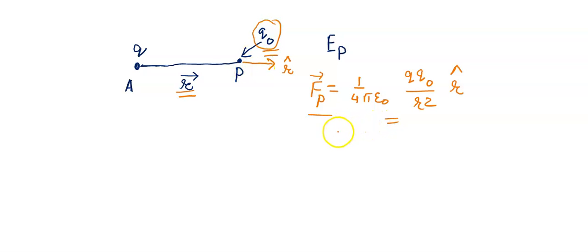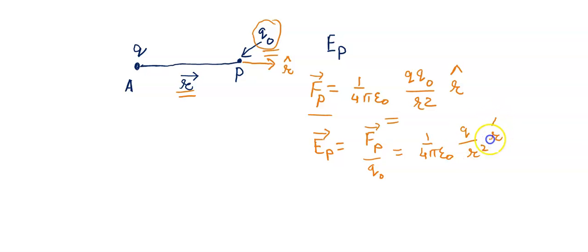Now the electric field intensity at point P can be given as F_P vector upon q naught, and that is equal to 1 upon 4 pi epsilon naught q upon r square r cap. Can we write it like this? Because we took this q naught to this side, and this is nothing but the electric field intensity at point P.